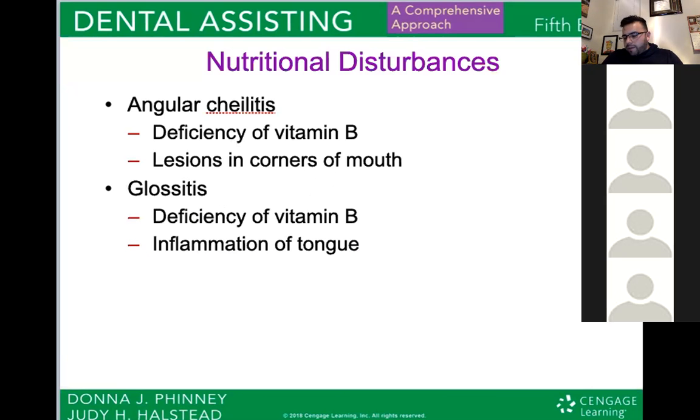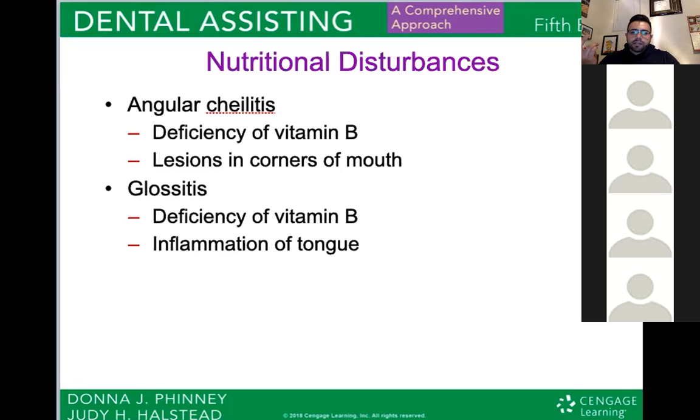So we also have nutritional disturbances in the mouth. Angular cheilitis involves both mucous membranes and the skin. It may occur in patients who constantly lick the corners of their mouth, or if they lose vertical dimension of their face. When people lose vertical dimension, that's because they lost all their teeth and their mouth literally collapses.